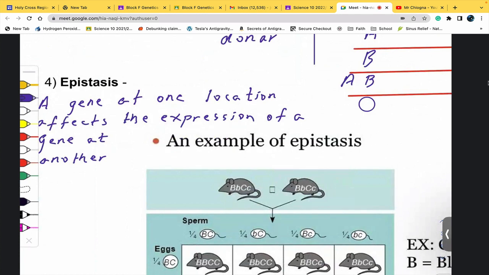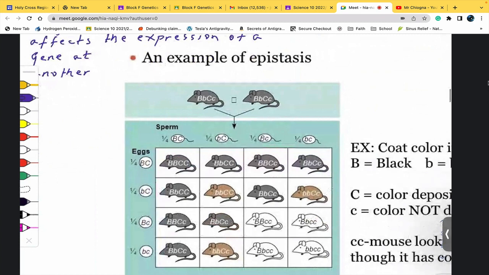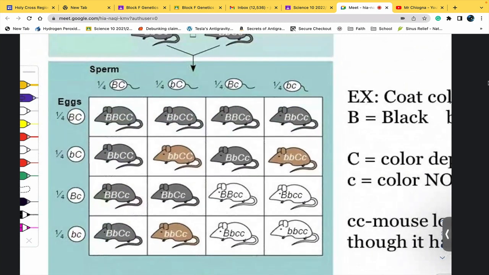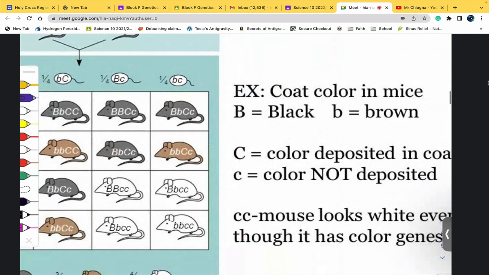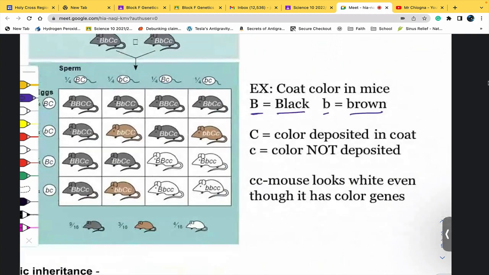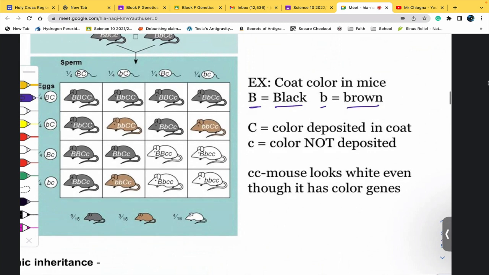There's a gene at one location that affects in this case the expression of the brown and the black alleles. Okay, so if you look here, big B here codes for black and it's dominant. Little b codes for brown, it's recessive, but neither black or brown will be exhibited if you get the following.